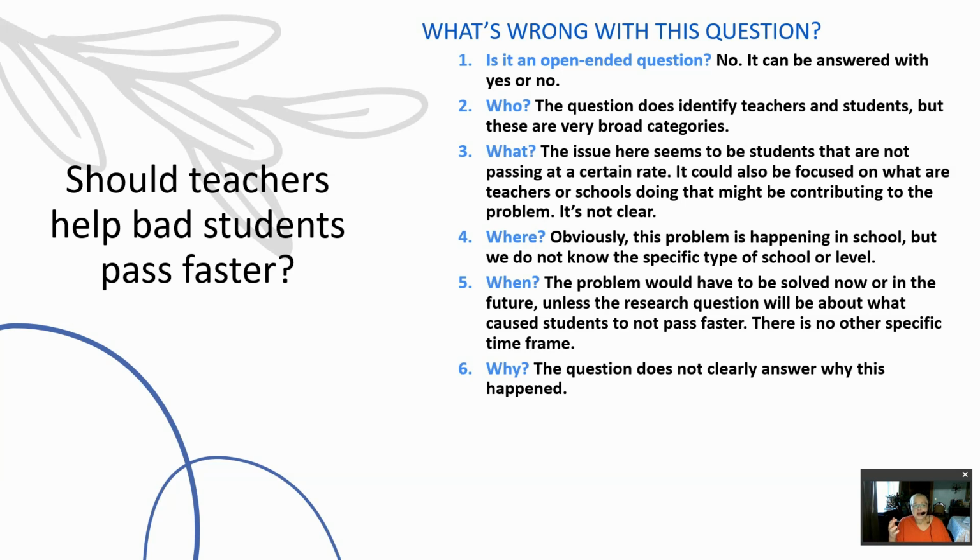And again, even if you had all of these other things much more specific, maybe it's the why that is what you're going to answer with your research question, right? So any of these, if you've got everything else in a very focused part, could be what you're trying to answer with your paper. So again, who should help students improve and graduate faster, right?